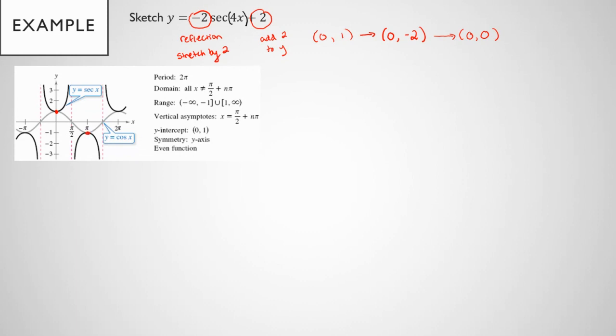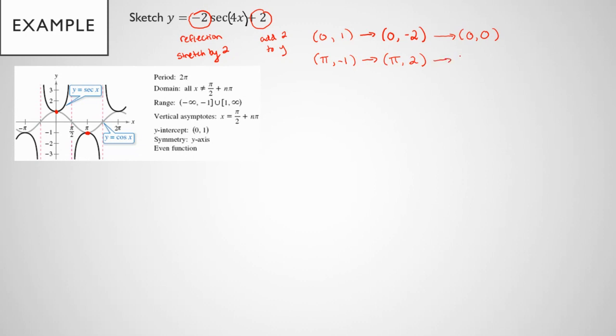Now we need to also do this with another point. We have another point on the original graph, which is pi, -1. I start by multiplying that y value by -2 because of the reflection and stretch. That gives us 2, because -1 times -2 is a +2.